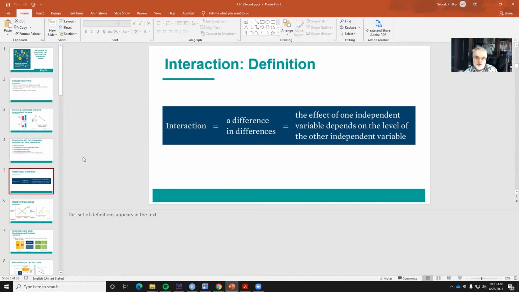In slightly longer words, we're saying the effect of one independent variable depends on the level of the other independent variable. That is, it moderates the effect.